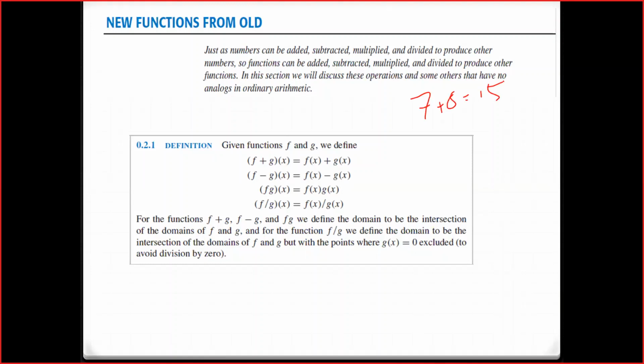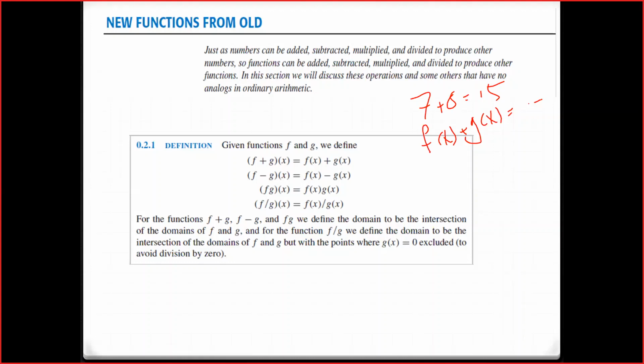Here also for functions, you do the same. You say f of x plus g of x equals something. Just as numbers can be added, subtracted, multiplied, and divided to produce another number, functions can be added, subtracted, multiplied, and divided to produce another function.